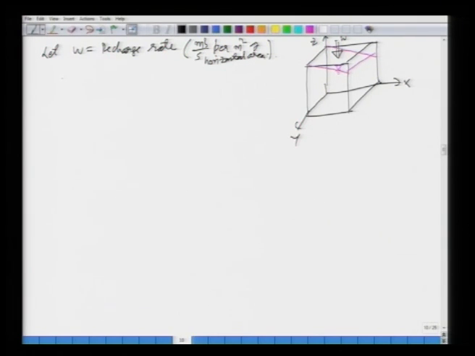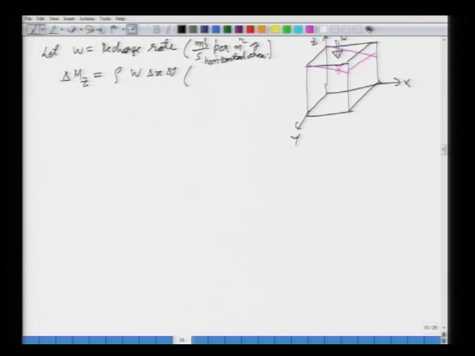Corresponding to that, what will be the mass flux in the z direction, mz2 minus mz1 or delta mz? It will be rho W, and it is occurring across which area? Del x and del y.